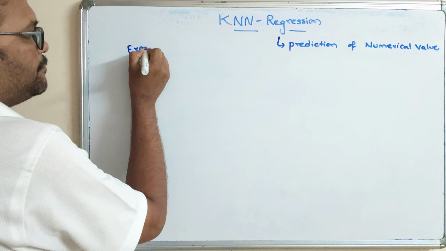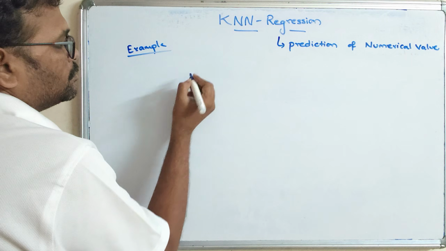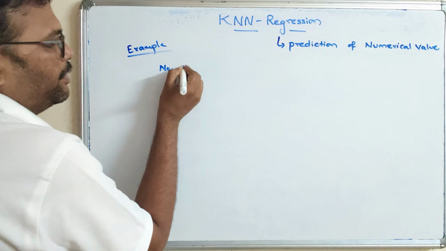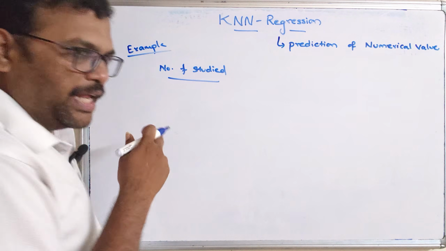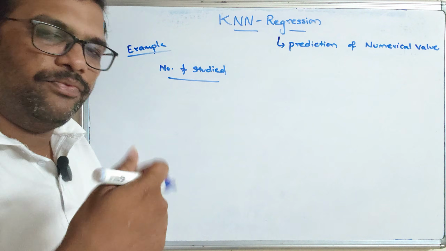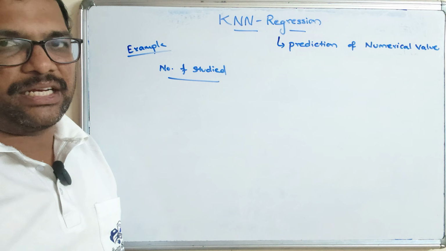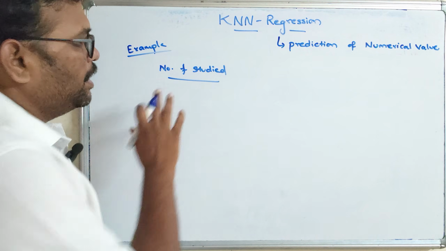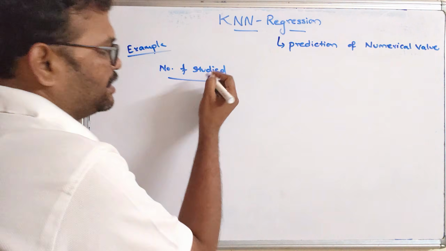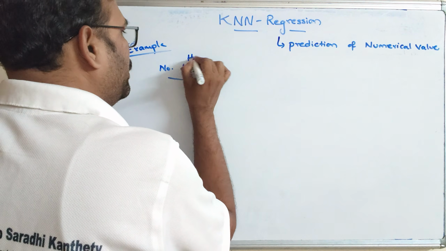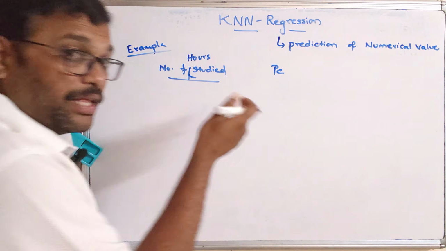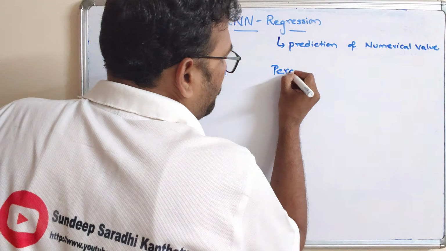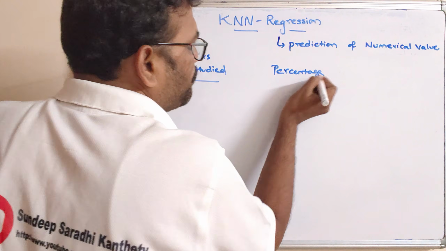Example. Number of hours studied. I am taking this as an example here, but during implementation we'll consider the previous data set, that means house price prediction. So number of hours studied, and instead of classification we'll consider percentage.